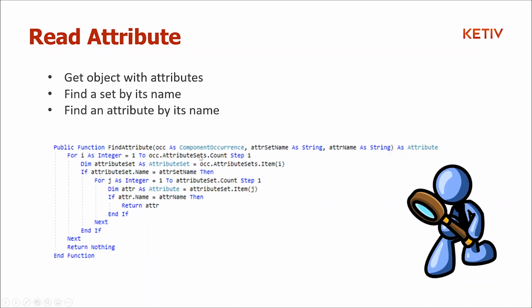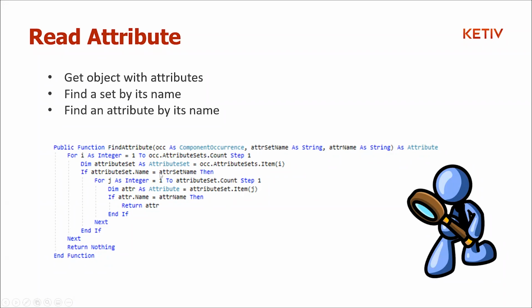Now, be careful, Inventor likes to start at 1, not 0. It caught me when I was doing this. So keep that in mind. So we're going to for loop through each of these attribute sets. And we're going to check, hey, do you match the attribute name or set name that we're looking for?